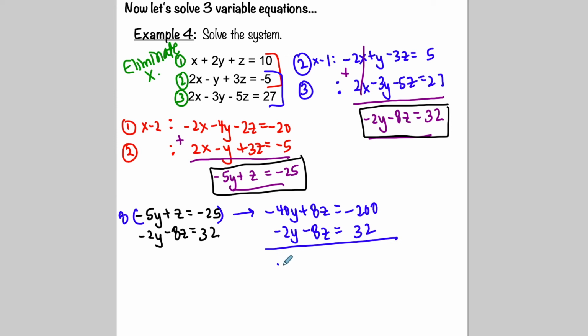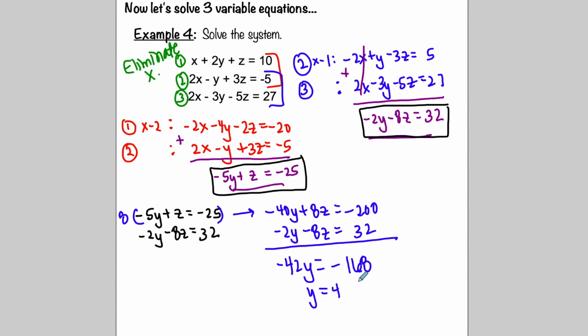My z's cancel, so I got negative 42y equals negative 168. Just going to double check. Yep, negative 168. Then we divide that by negative 42, and we get y is equal to 4.